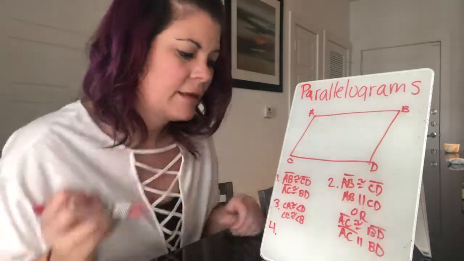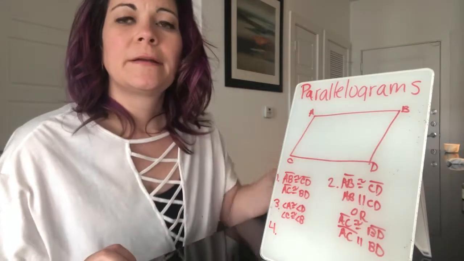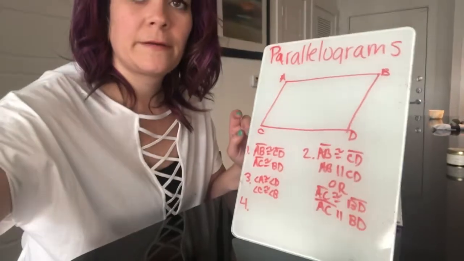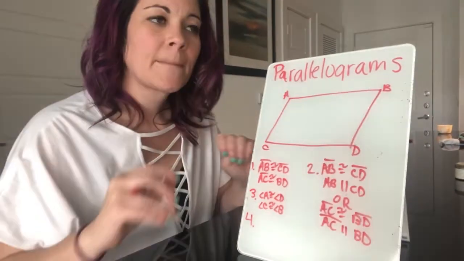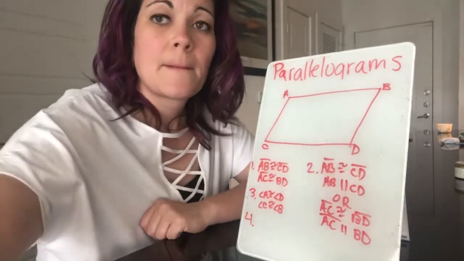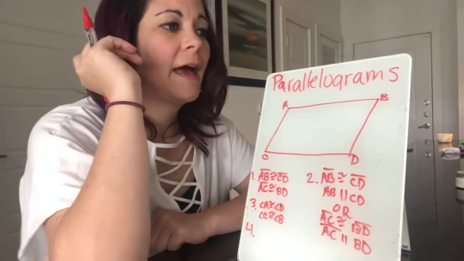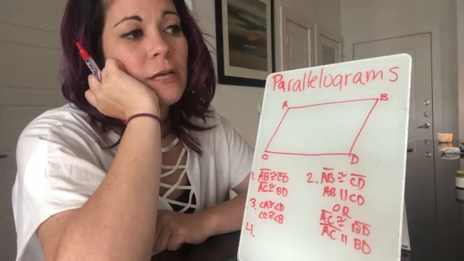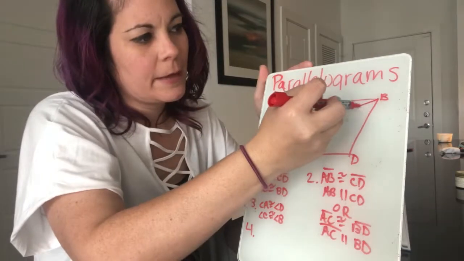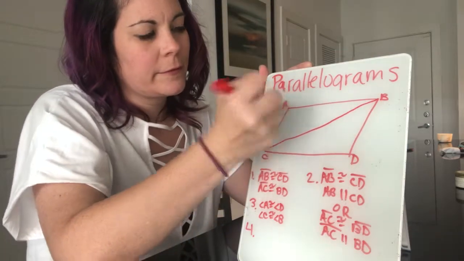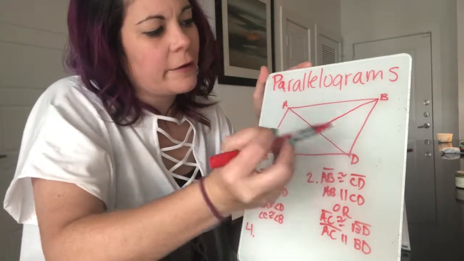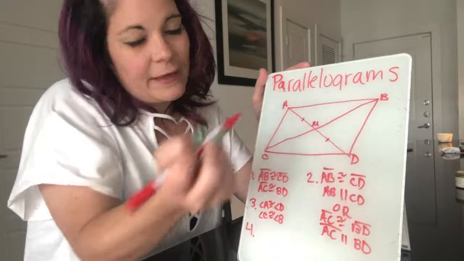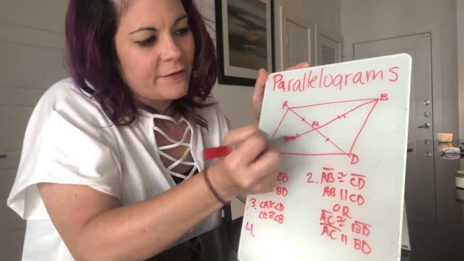And then finally, theorem 4. Theorem 4 says if the diagonals of the quadrilateral bisect each other, then the quadrilateral is a parallelogram. So if we have the diagonals and they bisect each other, which means that this is congruent and this is congruent.